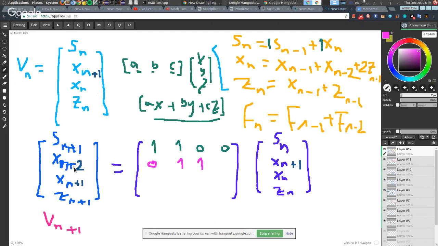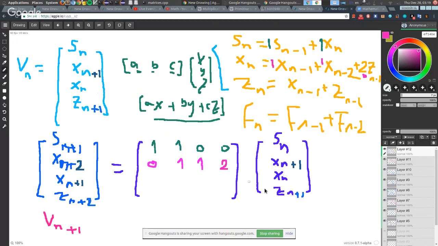Because this is n+2, we want z(n+1), so we need to increase this here, and this will be 2. This is 0 because it doesn't exist, and here's 1, 1, and this is the 2.